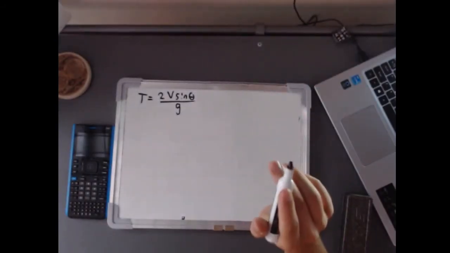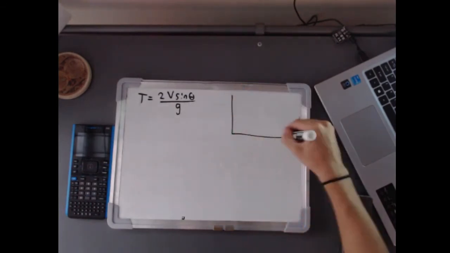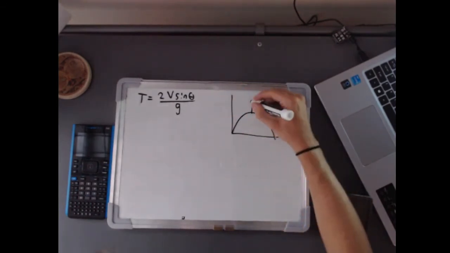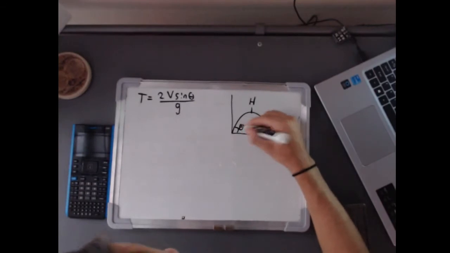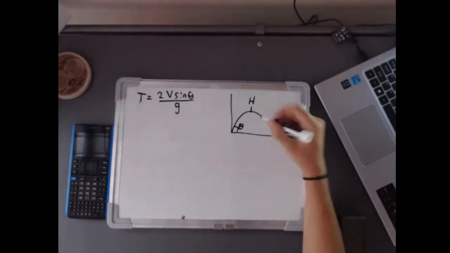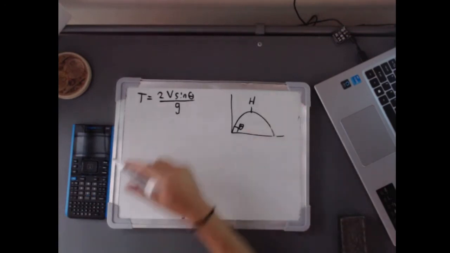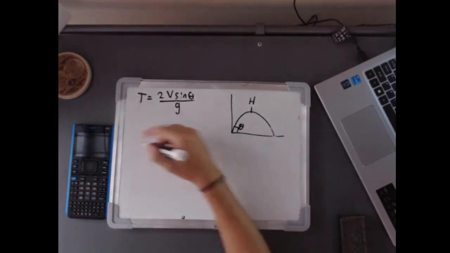Anyway, maximum height. Here we'll use the second kinematic equation. The maximum height h at angle theta will be at half of the time, because at half time you're at the top.